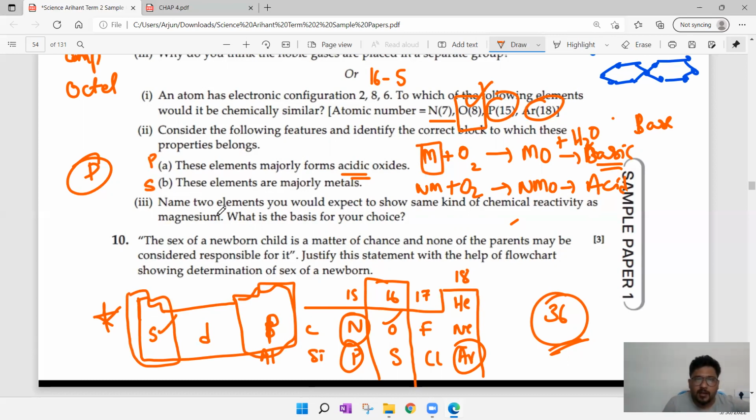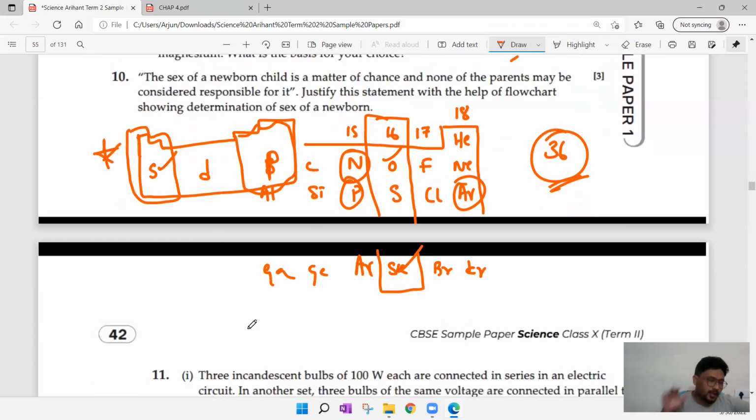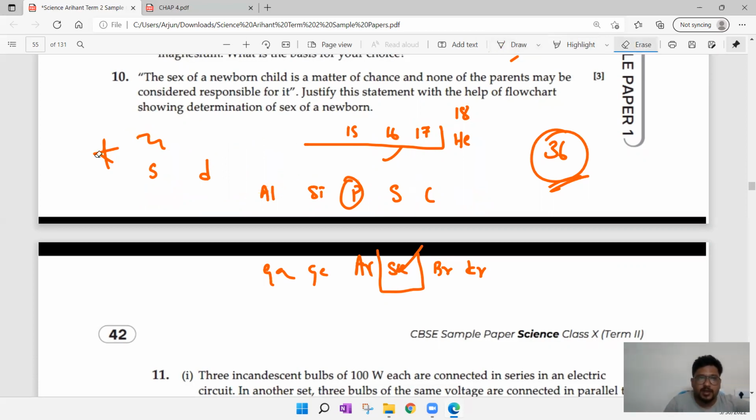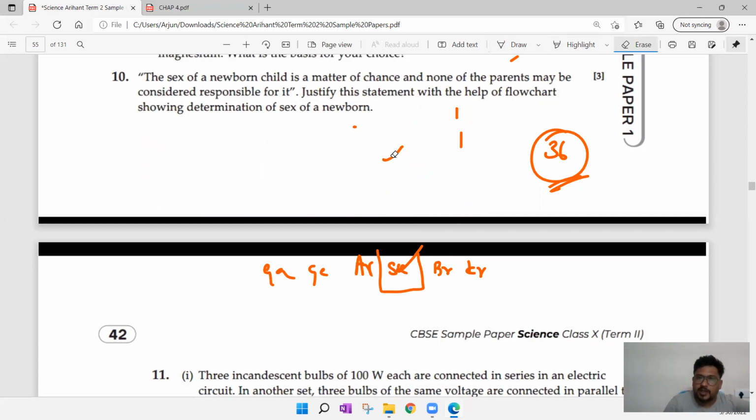Number 3, name 2 elements you would expect to show the same kind of chemical reactivity as magnesium. I told you to remember the placements of elements. Let me erase this and I'll tell. We don't need 36 elements, at least 18 elements' placements.